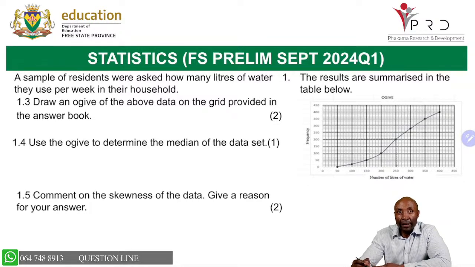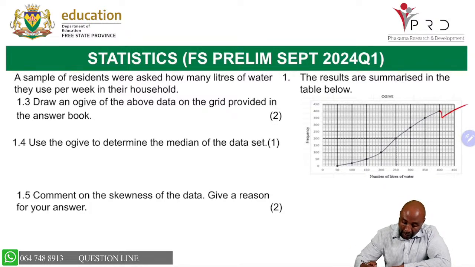Remember, when we are drawing an Ogive, we use the upper value of each interval and the cumulative frequency of each of the given intervals, and we'll get a mark for the upper limit. We'll also get a mark for the shape as well as the grounding there. Our smallest value in the interval is 50, so we must have another point with coordinates 50 and 0, which is going to help us get those 2 marks.